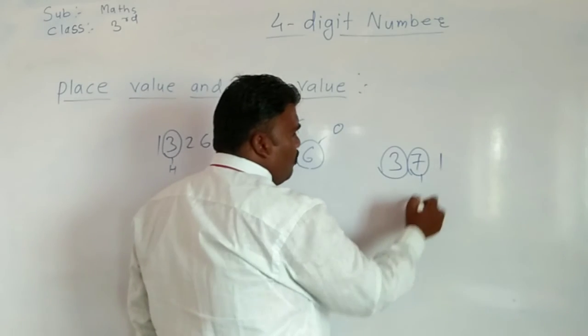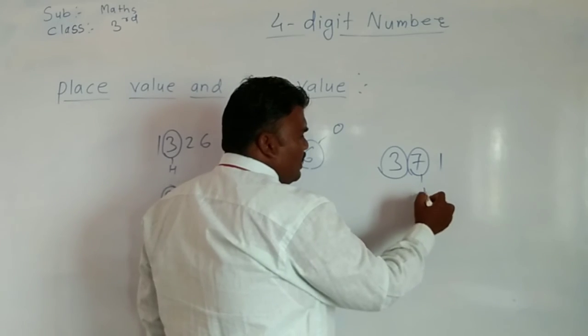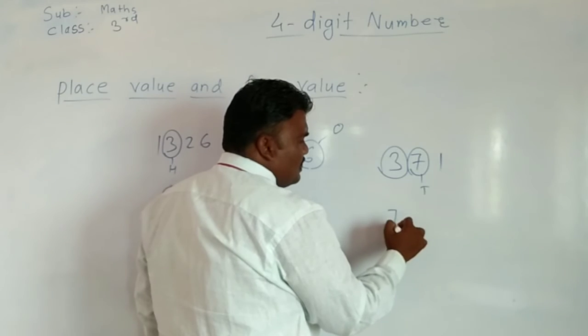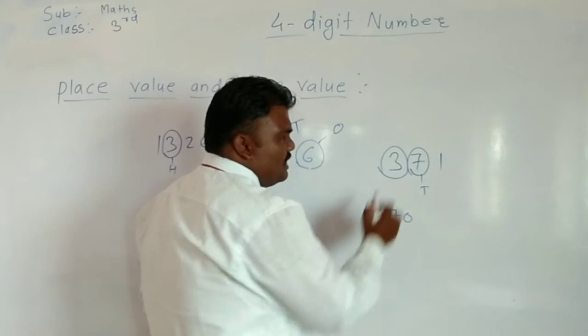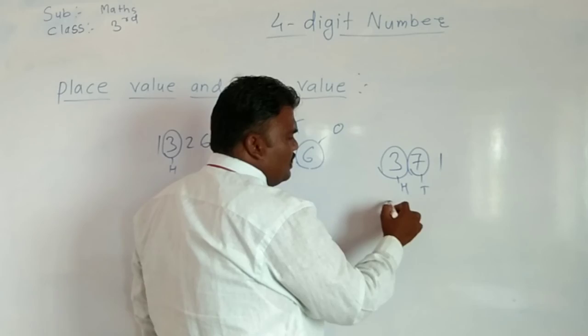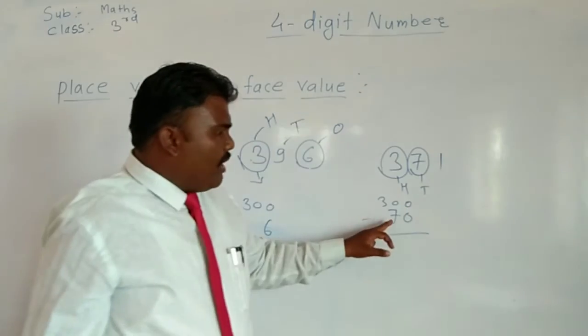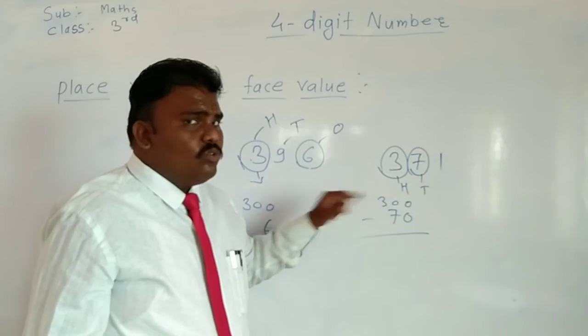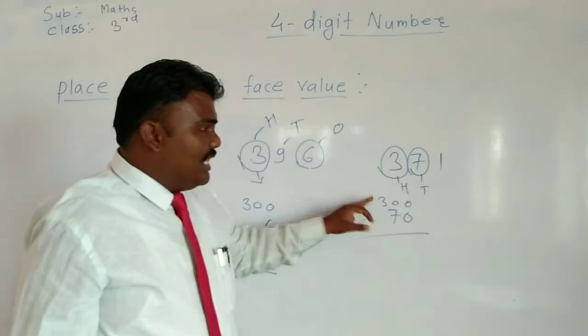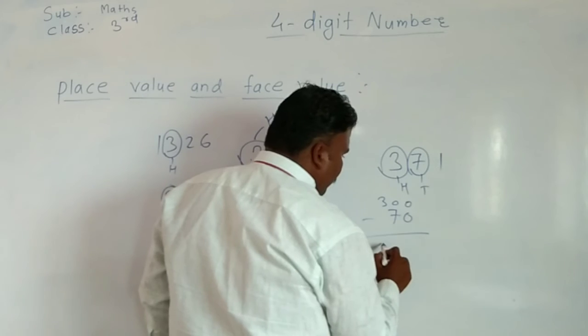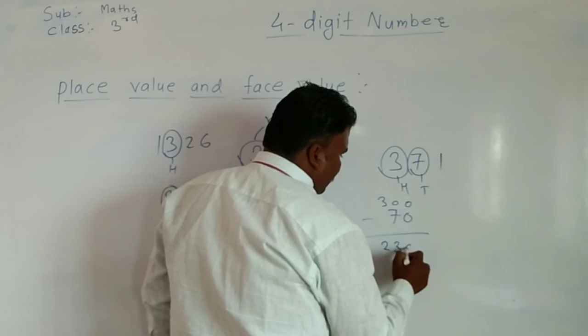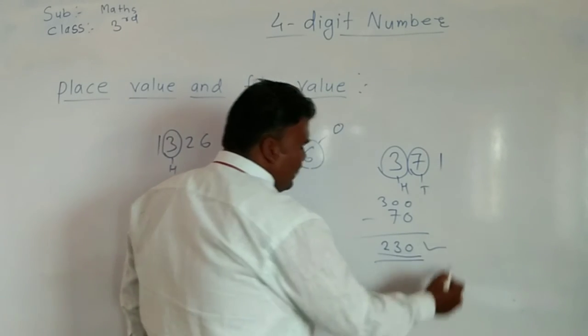So what is the place value of 7? It depends upon the position. It is at the tens place, so it is 70. And this 3 is at the hundreds place, so it is 300. Now you have to subtract 70 from 300. What will be the answer? Your answer will be 230. So this is your final answer.